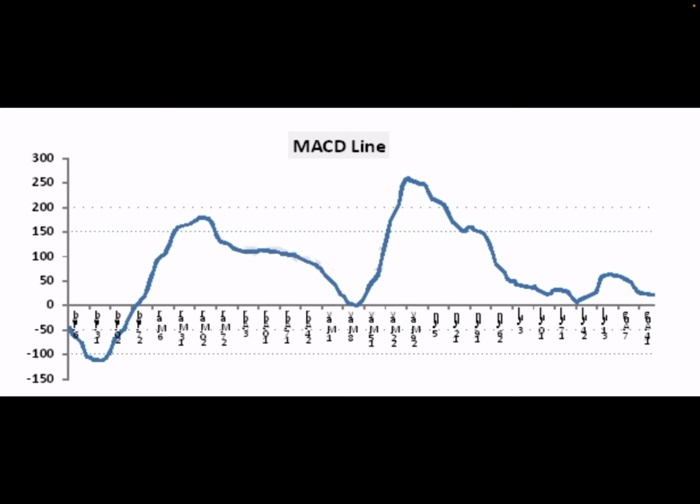A 9-day signal line is an exponential moving average of the MACD line. If you think about this, we now have two lines: the MACD line and a 9-day EMA of the MACD line, also called the signal line.